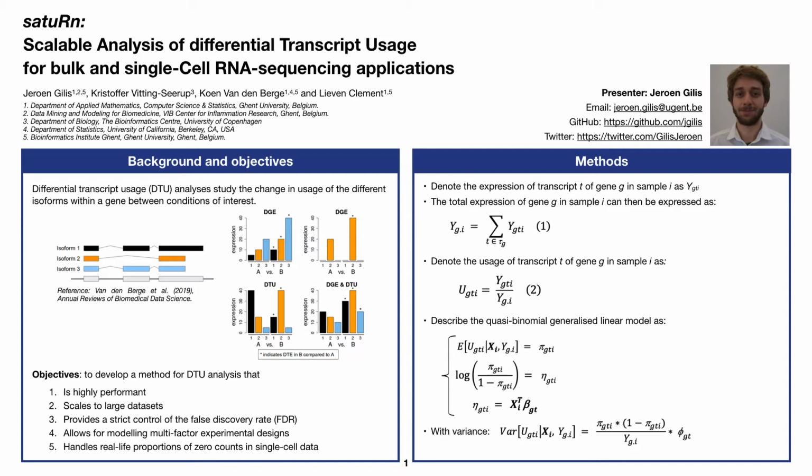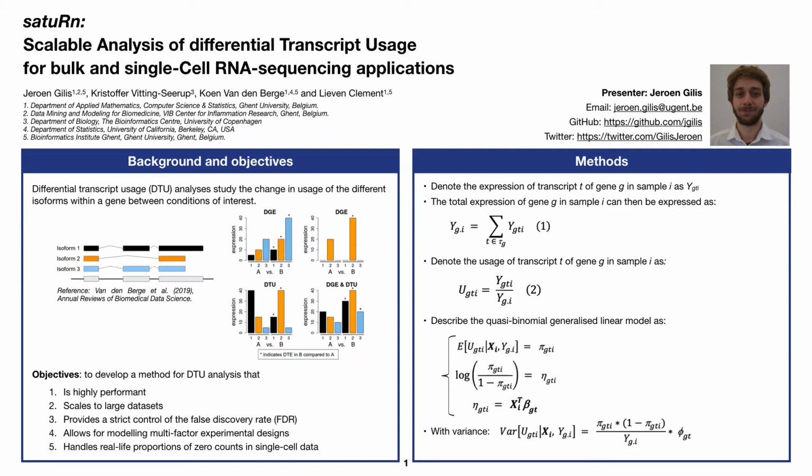The concept of differential transcript usage is closely related to the concept of alternative splicing. Due to alternative splicing, multiple isoforms can be created from a single genomic locus, and these isoforms may have completely different functions.